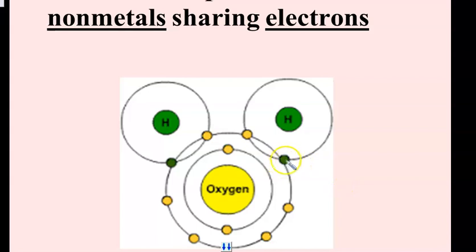This one's sharing its green electron, it's not really green, and the oxygen is sharing the yellow. The reason this completes hydrogen is because hydrogen only has one energy level. So this is what a water molecule looks like. They call it the Mickey Mouse molecule because it looks like the ears and the face of Mickey Mouse. But that is a covalent bond.